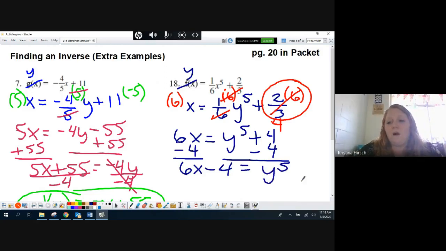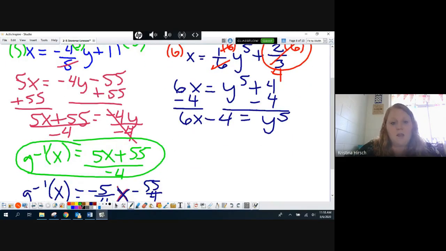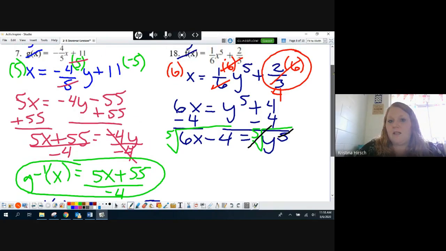Just like before, if we had a cube, we did a cube root. Here we have a 5th power, so that just means we're going to do a 5th root on both sides. Remember that essentially cancels out the fifth root, leaving you with the y. So in inverse notation, this was f of x.